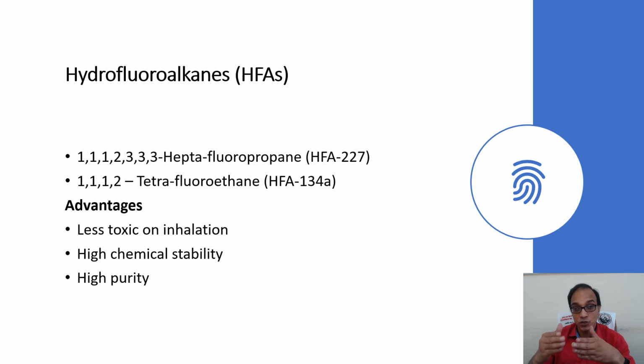These two, HFA227 and HFA134A, are the best alternatives of the chlorofluorocarbons. What are the advantages? They are less toxic on inhalation. They've got high chemical stability and high purity. So overall, they are very much effective and they've got many advantages over the chlorofluorocarbons.